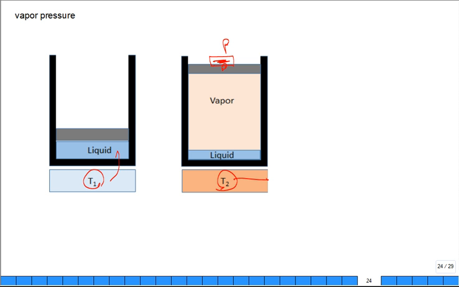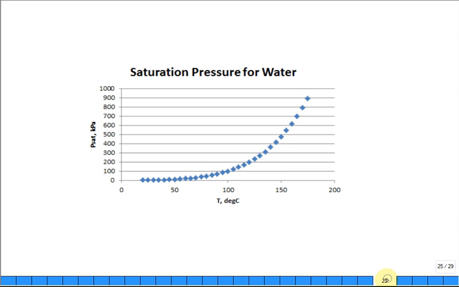But there'll be a particular vapor pressure, and it's a function of the temperature at which you can have a two-phase equilibrium mixture. True? We look at water, we like to talk about water. If it's at a temperature of 100 degrees C, what is the vapor pressure or the saturation pressure?